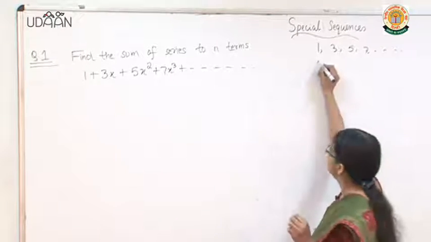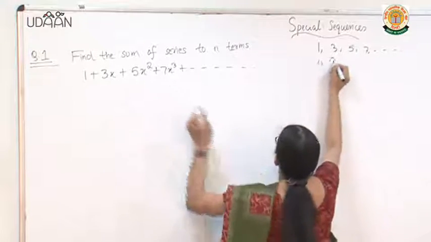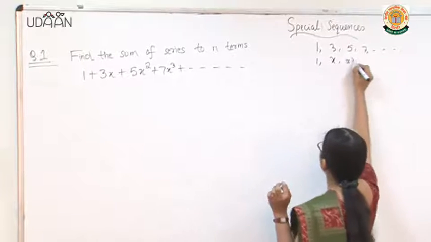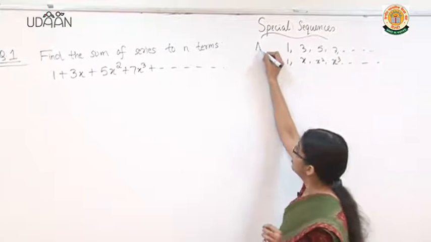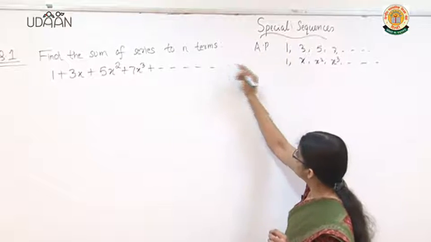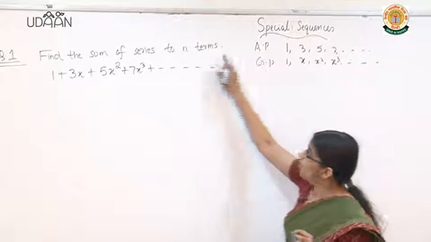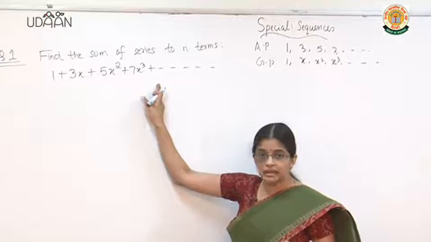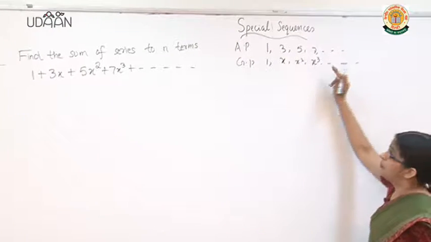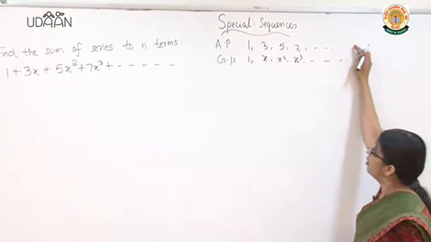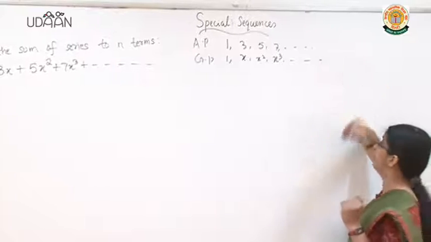Then 1, x, x square, x cube, etc. This is a geometric progression. We have to find the sum to n terms of this series. That means you have to find the nth term. What will be the nth term? It will be the product of the nth terms of the arithmetic progression and the geometric progression.